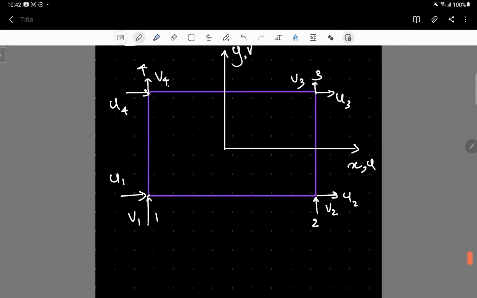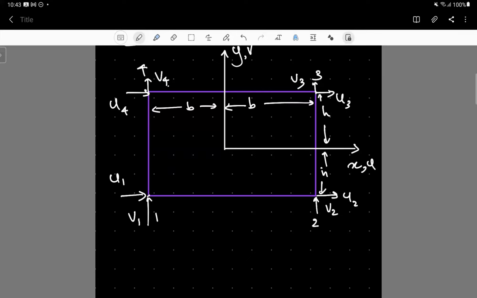And let's assume that the width, the length of the rectangle is b, so equally placed 2b, and the height, so the width is given by h, so 2h.